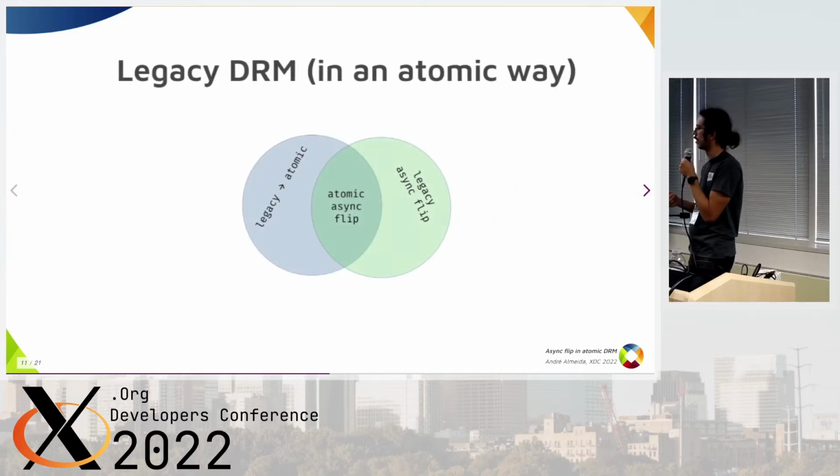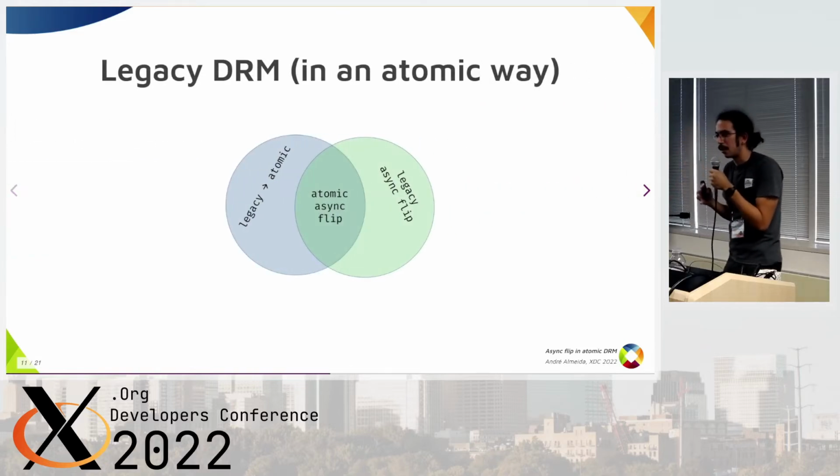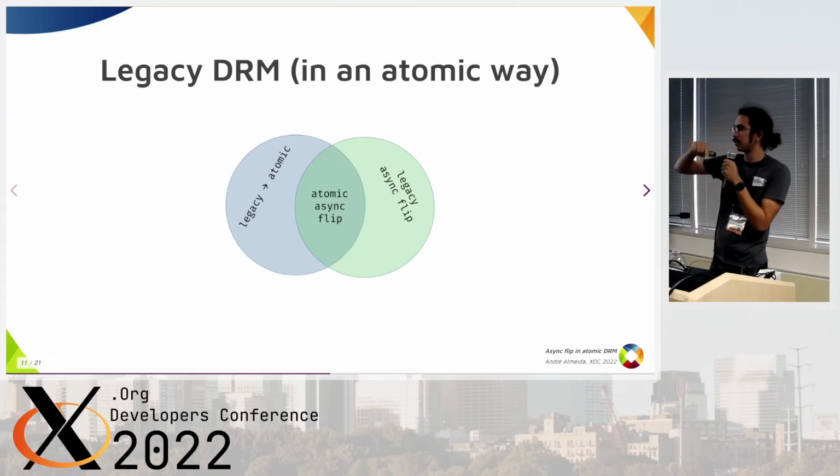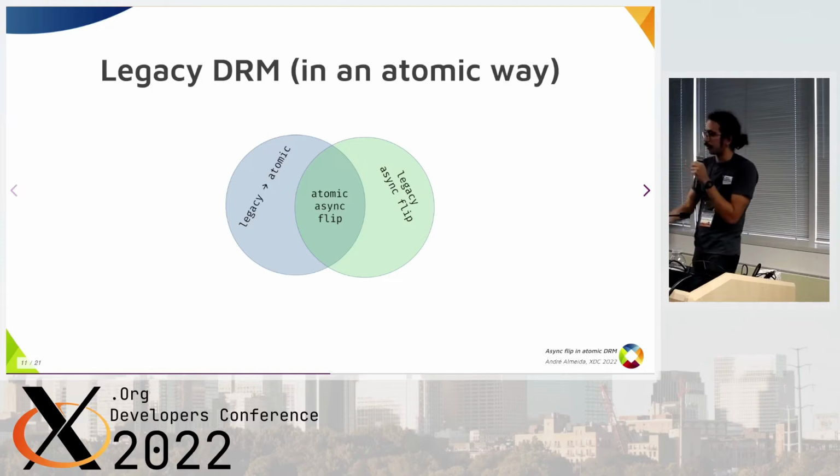So I was like, well, it's just a matter of joining things, because if your driver internally converts the legacy call to Atomic, and if you support async flip on the legacy side, the work is almost done, right? You can do the legacy flip atomically, but user space doesn't know that.